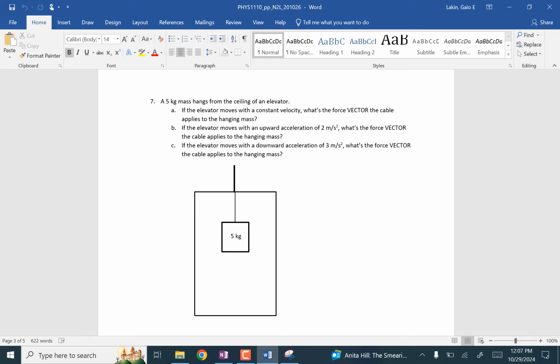Remember, constant velocity means zero acceleration. So for part A, you know the acceleration is 0, 0. For part B, it has an upward acceleration of 2, so you know the acceleration is 0, positive 2. And then downward of 3, so you know the third one is 0, negative 3. Most of the time in these problems, you aren't given the acceleration, so that's one of the things you have to calculate.